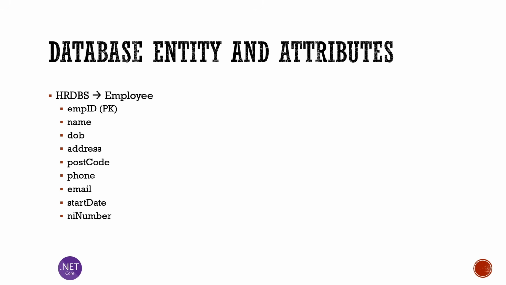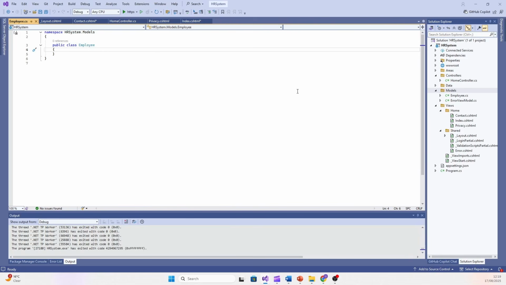So if I want a database which should have these attributes, an entity employee, I need to design my class accordingly. So my class should have those attributes. So let's create those attributes.